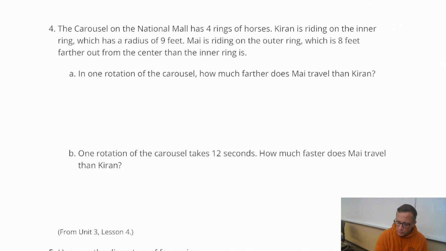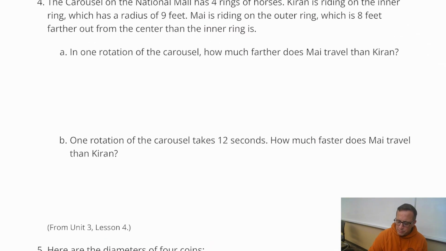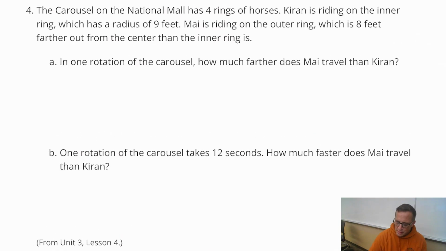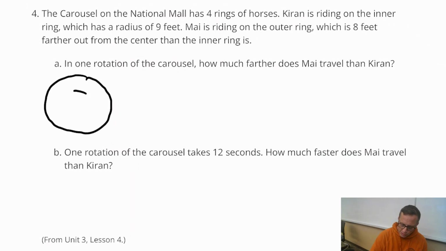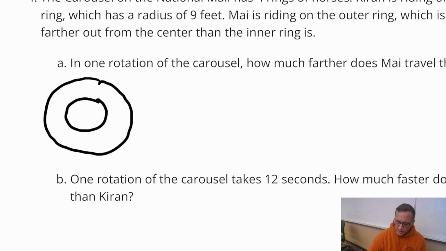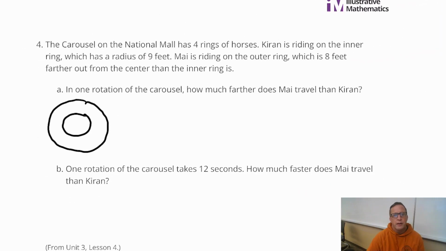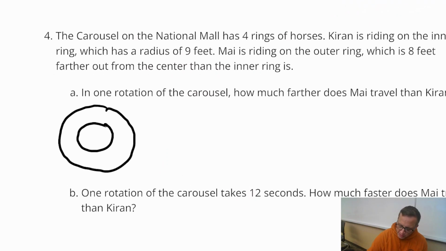All right, and this is a hard problem because I've never been to this carousel, but what this problem is basically saying is, we've got these circles, and then we have these inner circles, something like that. It says the inner ring has a radius of 9 feet, so this circle right here has a radius of 9 feet.